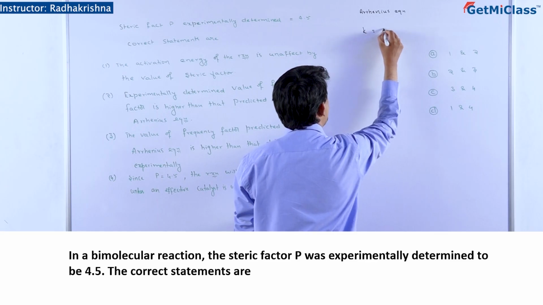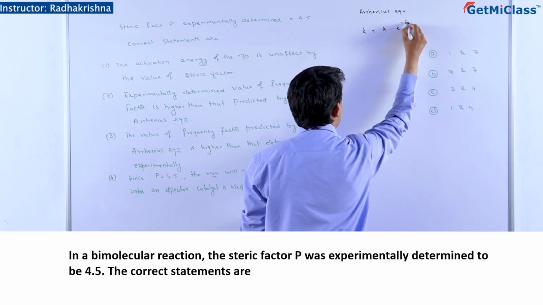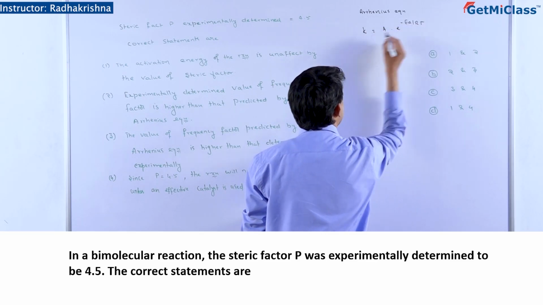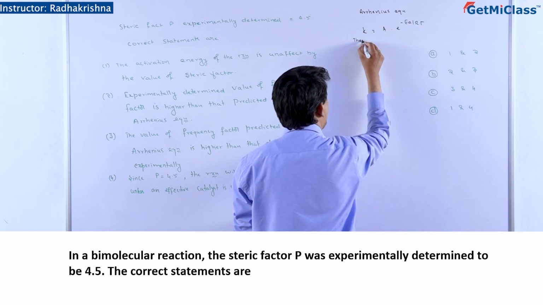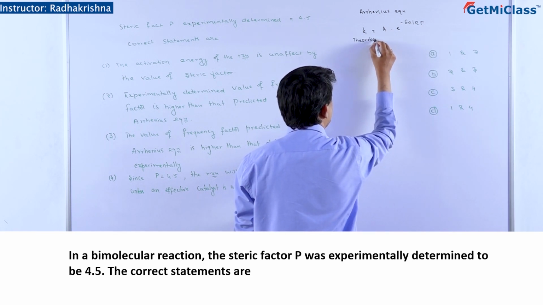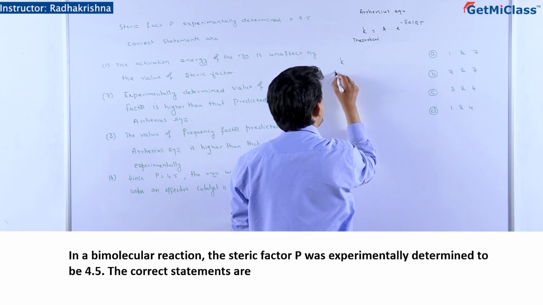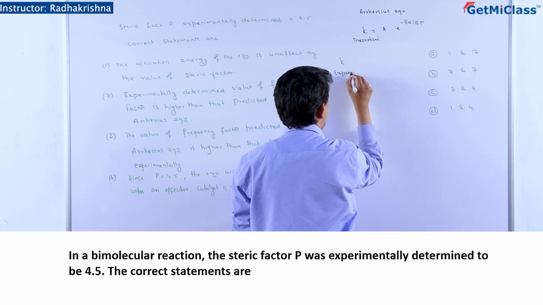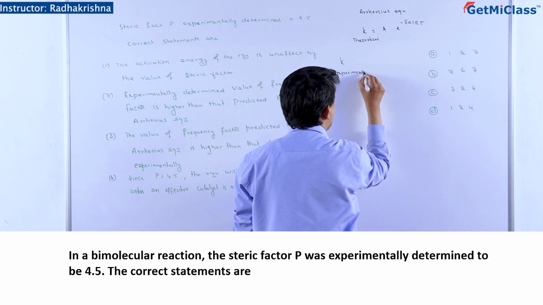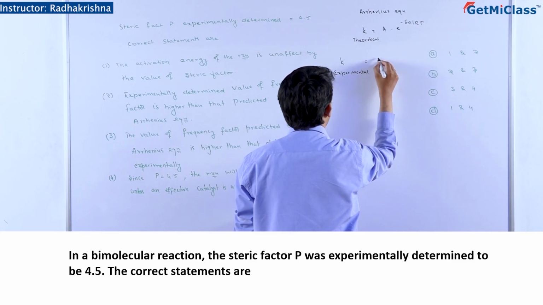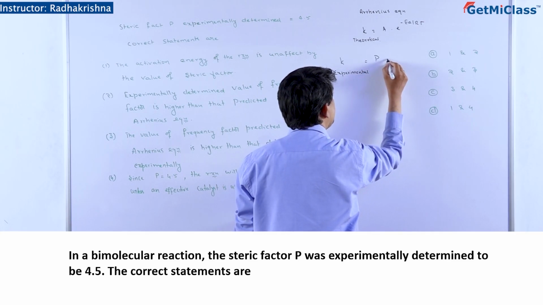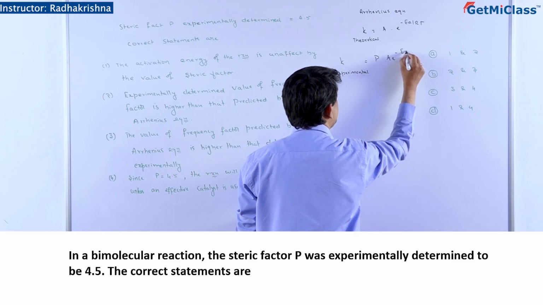K equal to A e to the power minus Ea by RT. This is theoretically determined. When you do experimental determination, we will add here the steric factor P, then everything is the same.